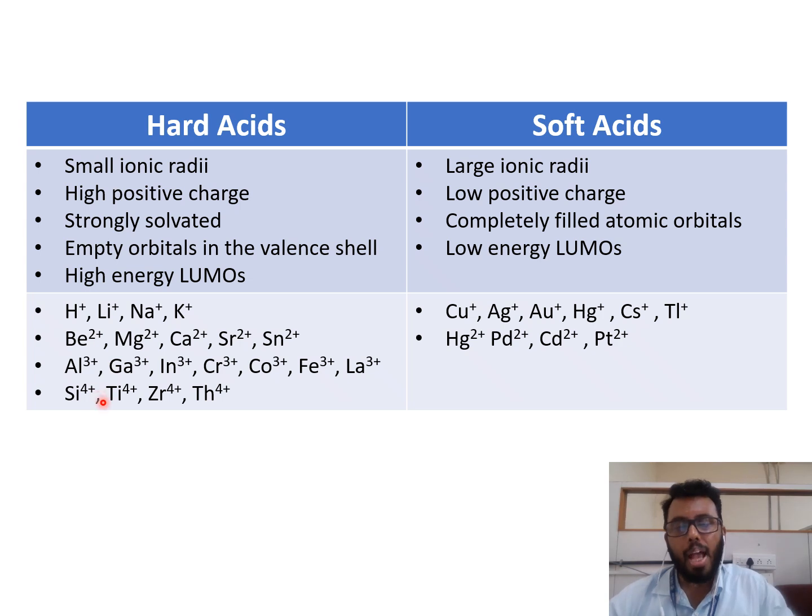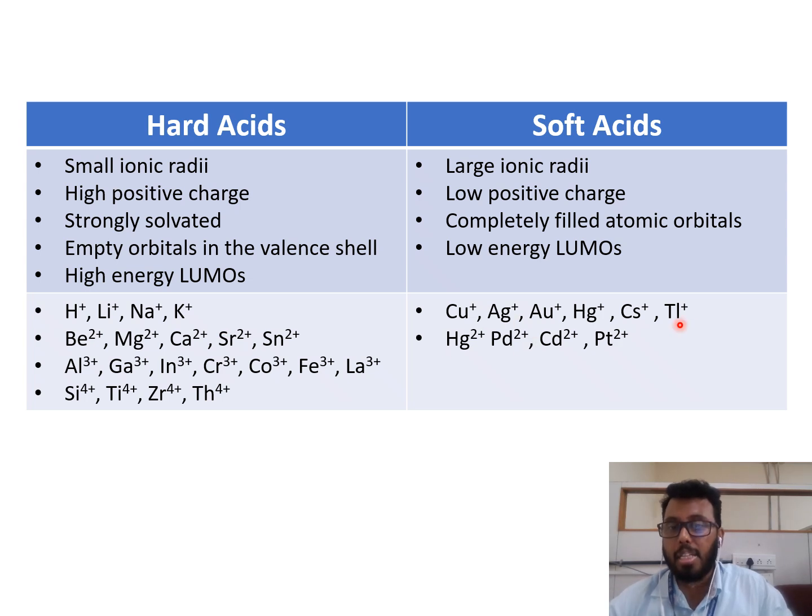So for any acid, you remember, they are Lewis acids. We have already seen that they are electron deficient. Obviously they are metal cations with positive charge, and the size should also be smaller. Like the alkali metals, as you know in the periodic table, lithium, sodium, potassium, the first group will have smaller size, so these are considered hard acids.